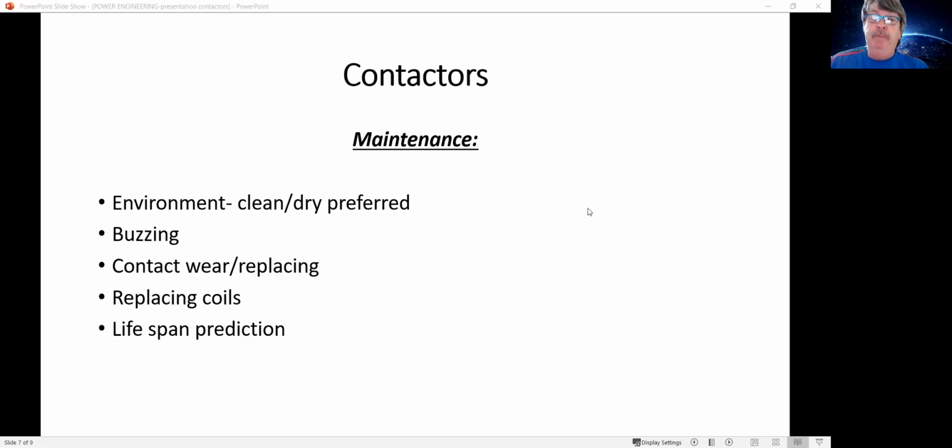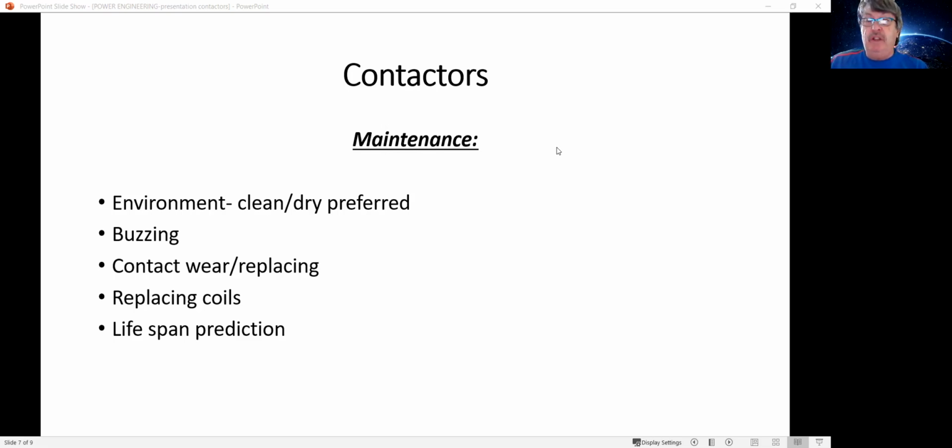You can open them. You can have a look at the contact wear with a view to replacing or cleaning them. Most contactors in the power side are made to be opened and inspected. Again, if you damage a coil or you want to change the voltage of your control, you can generally replace the coils.